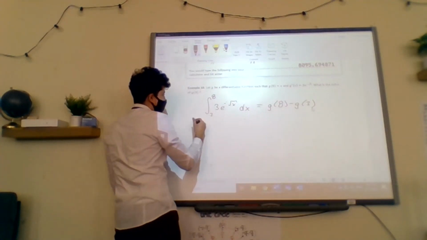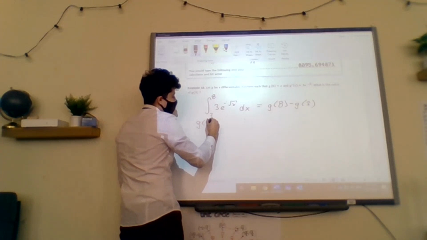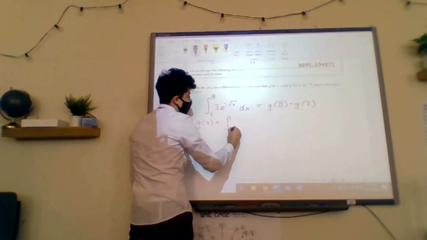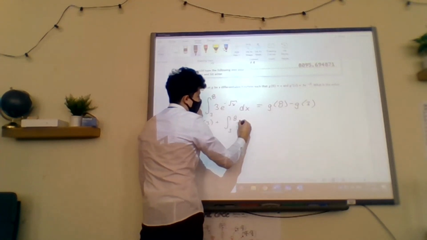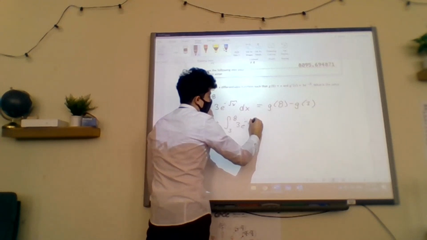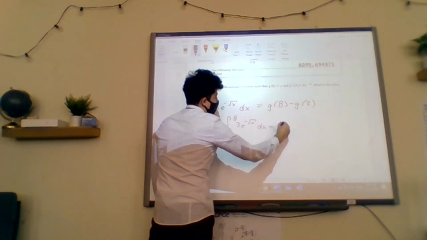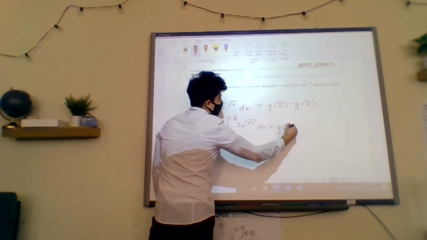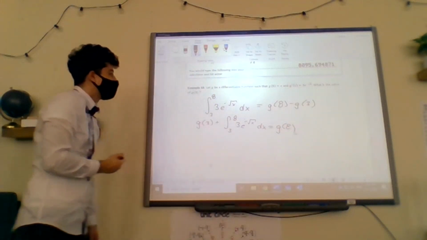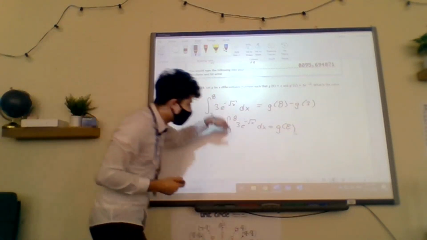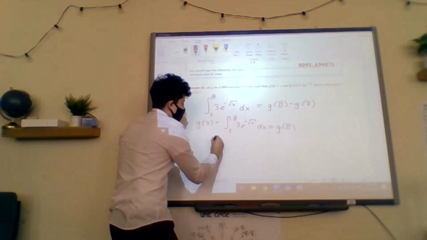So let me do it one thing at a time. That means that g of 3 plus this integral is equal to g of 8. And if I want just g of 3, then I can subtract that integral over.